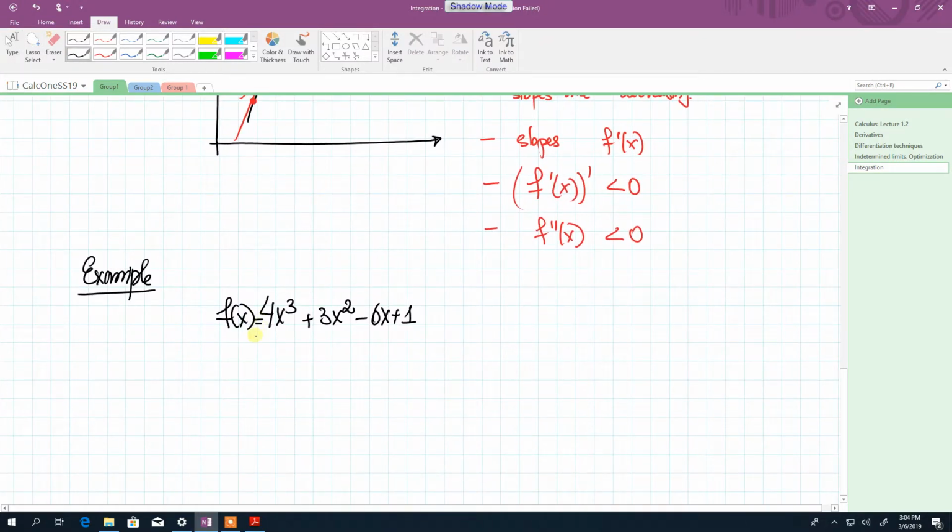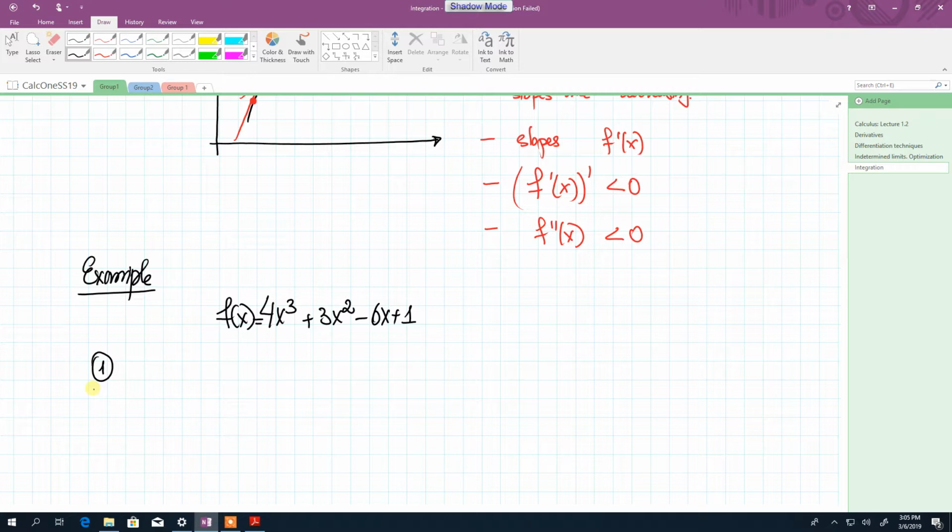In order to find the maximum or minimum, do you remember what the difference is between absolute maximum and local maximum? A local maximum doesn't mean that the function gets the highest value there. Maybe it does, we don't know.